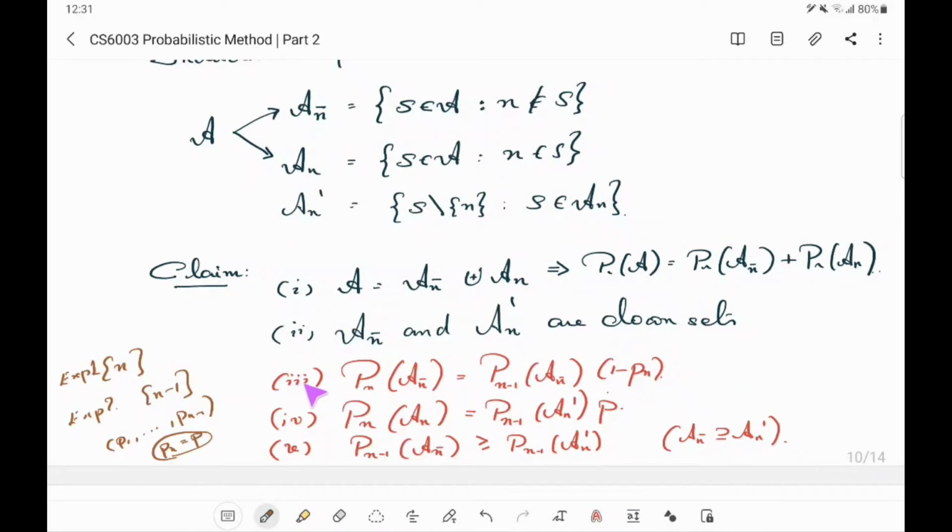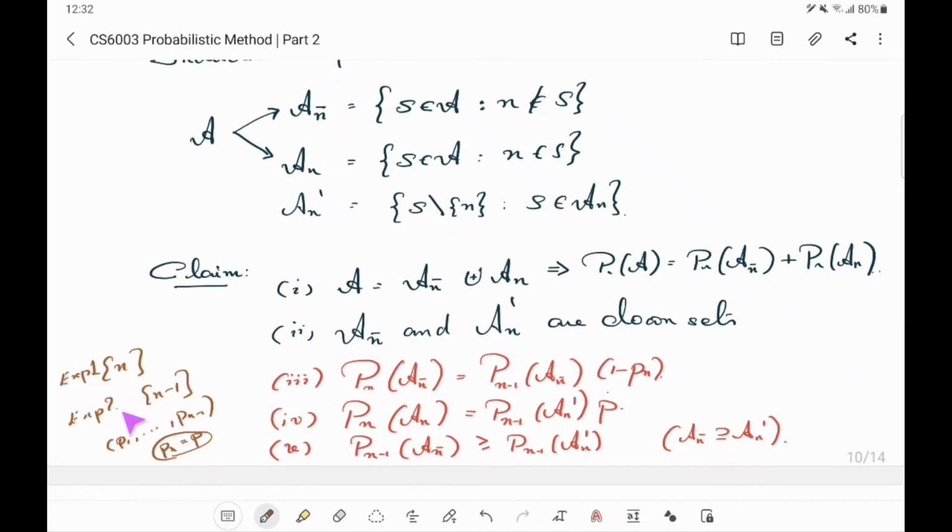So claim 3 says that in this first experiment, the probability P_n of A n bar is equal to, now remember all these sets in A n bar are present in the sample space of the second experiment also, because you do not have n in any of these sets, so they are valid points in the sample space here also, but the probability is slightly different.